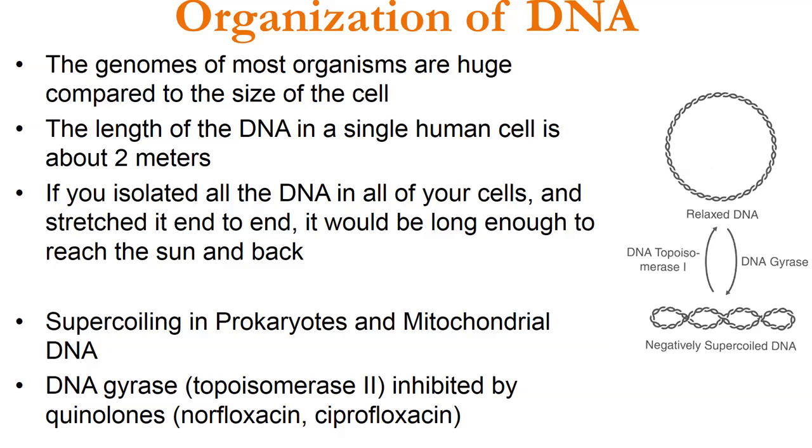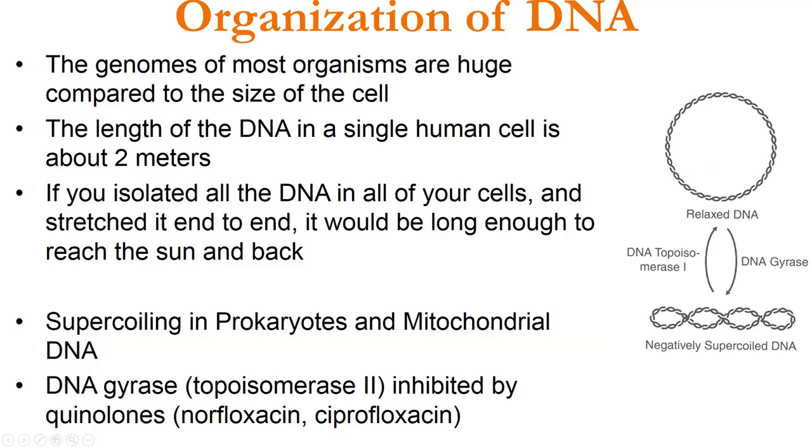So the DNA in your nucleus is linear, but in bacteria, it exists as a circle. What you do if your DNA is a circle and you have to compact it is you supercoil it. Basically, you're taking this big round ring and twisting it back on itself. That's what supercoiling is. That allows it to be compacted further and fit, in this case in a prokaryote, inside the cell. They don't have a nucleus.